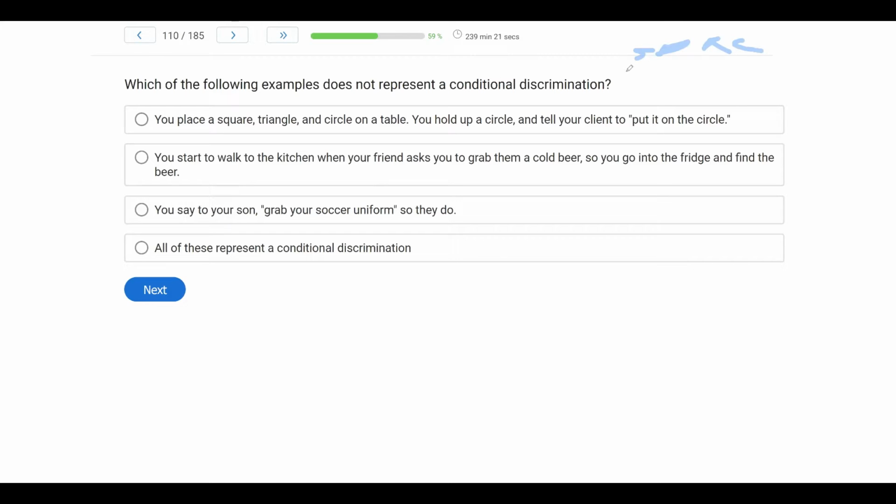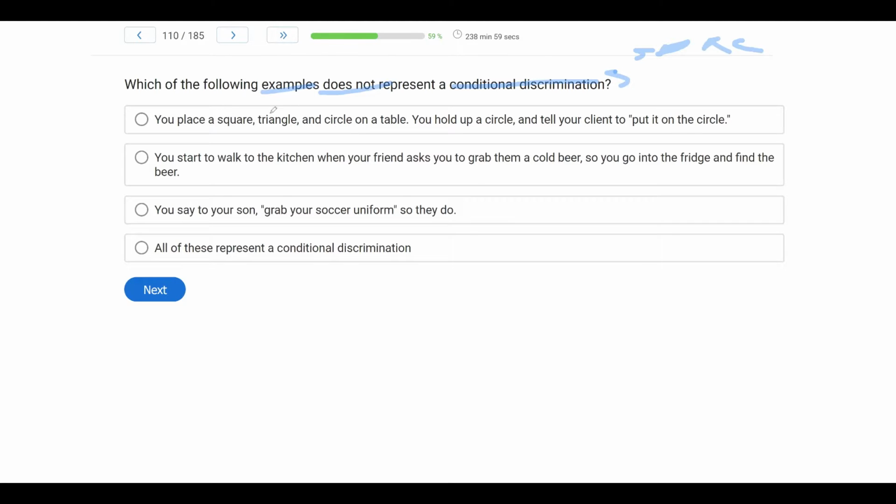With a conditional discrimination, there's an extra stimulus at the beginning, making it a four-term contingency, which is leading to the discrimination. And so if we're looking for examples that do not represent conditional discrimination, we're looking for discrimination that is happening simply due to the SD and no additional antecedent stimuli.